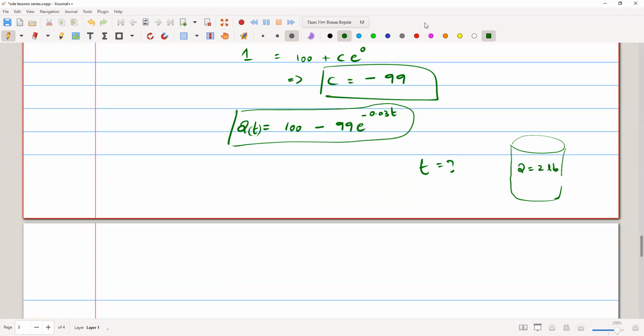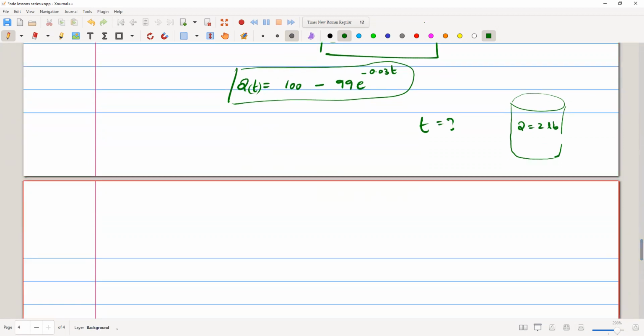So Q is given as 2 pounds in this problem. So we can replace Q with 2, and then we need to find the time.